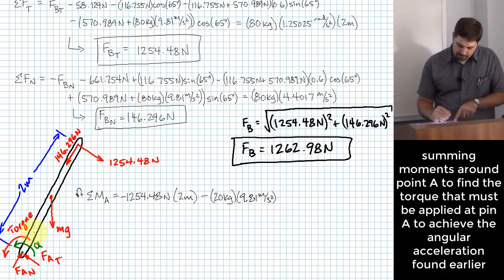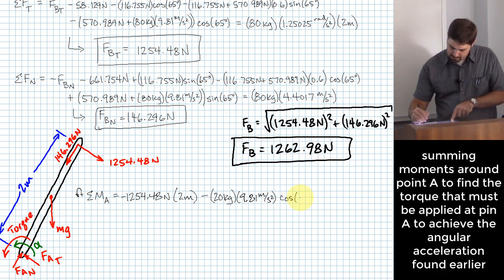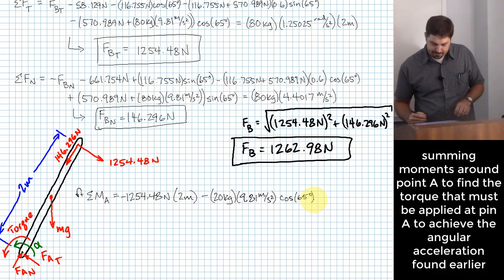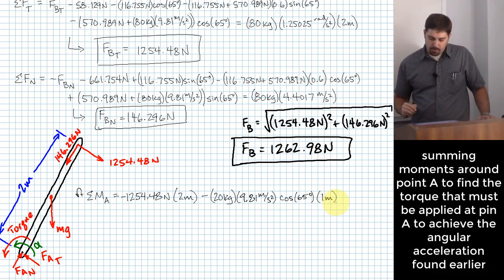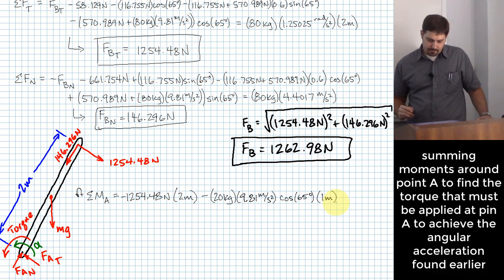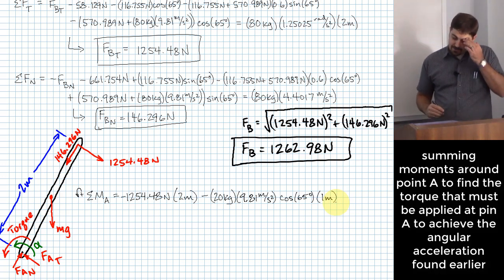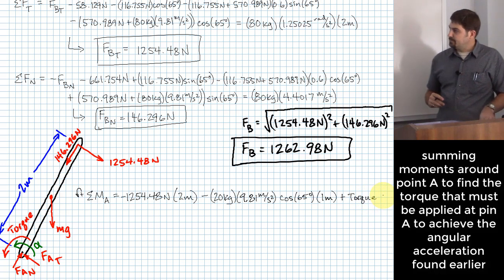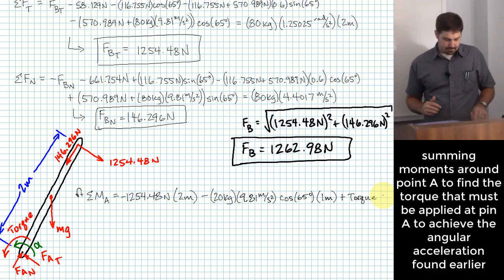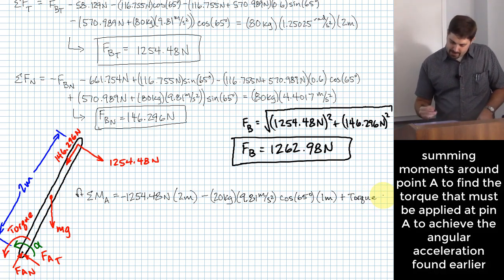Okay, I could pick off just the component that was perpendicular to that body with a cosine function, and then I could multiply by how far away it was from point A. Okay, but now I have to add on here one more term: torque. Okay, and this is all going to be equal to what?